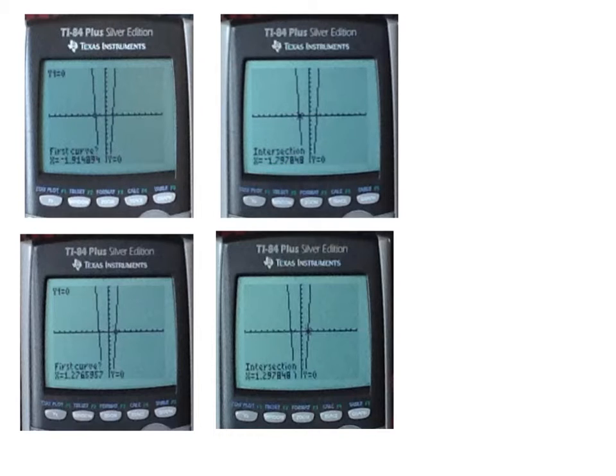Now to get my second 0, again, I have to press second trace 5, and then move my cursor over to the right 0, and press enter 3 times. As soon as I verify that it says intersection at the bottom, then I know I have my second answer of approximately 1.298.